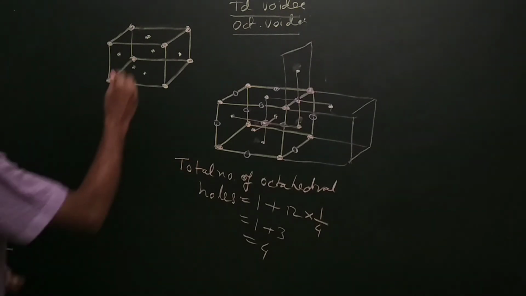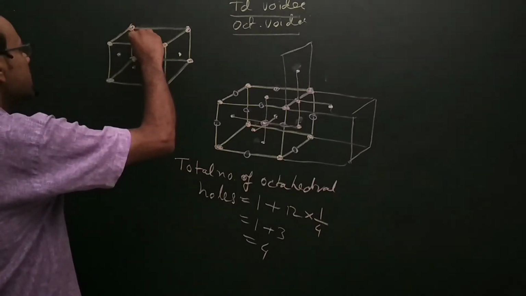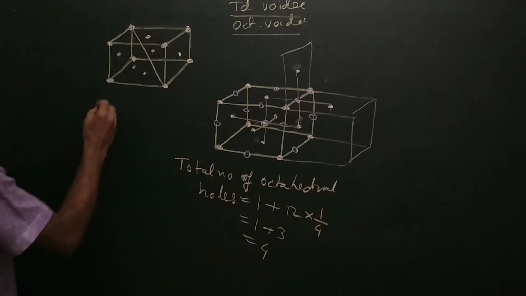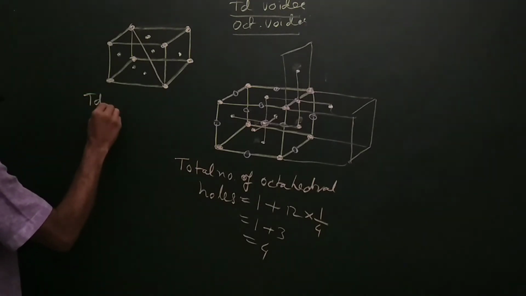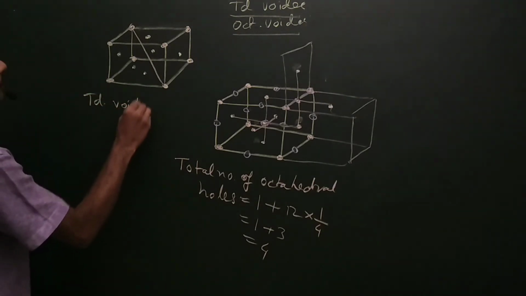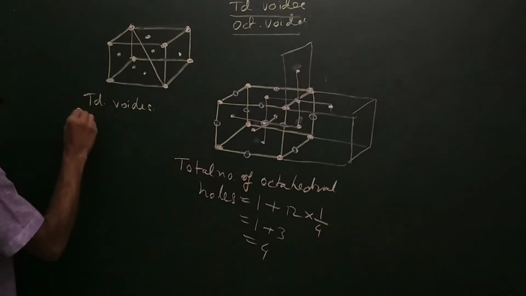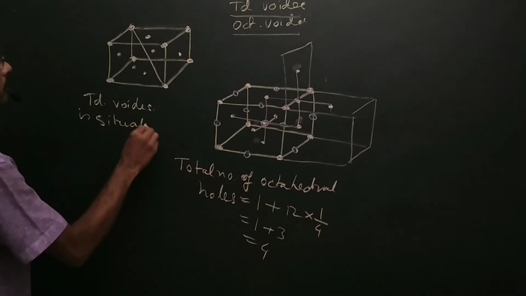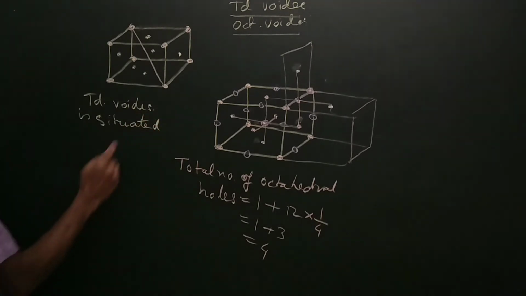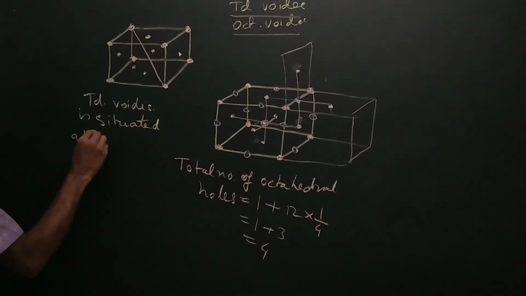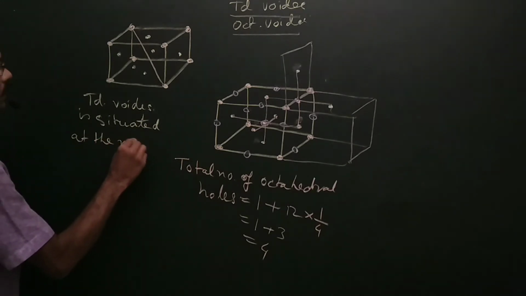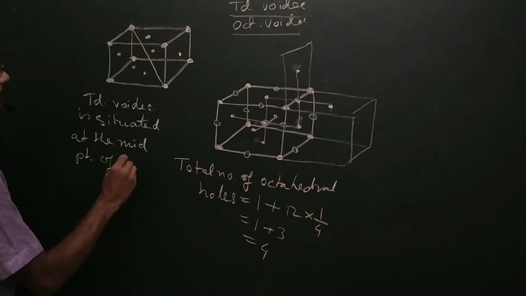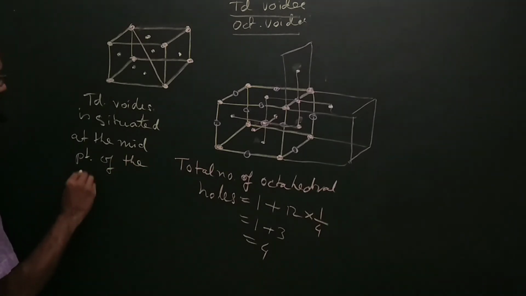So now you see, I am drawing this body diagonal, and you see that the tetrahedral void is situated. You have to keep it in mind.